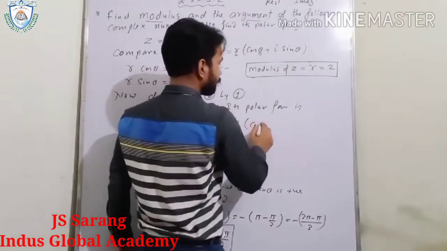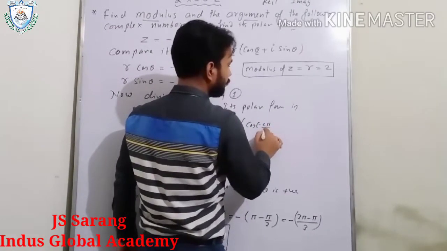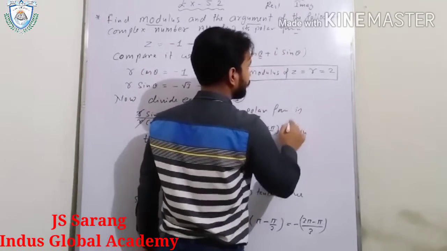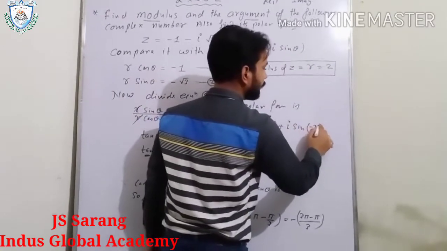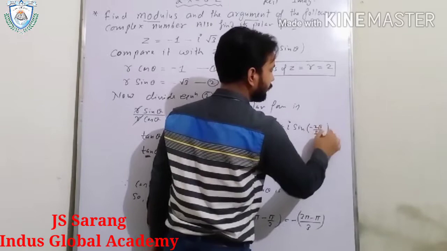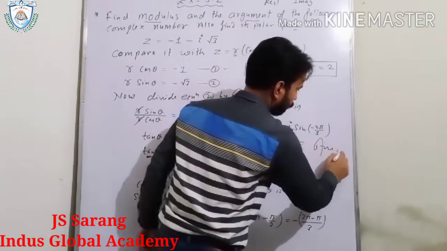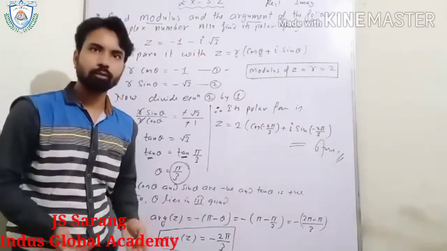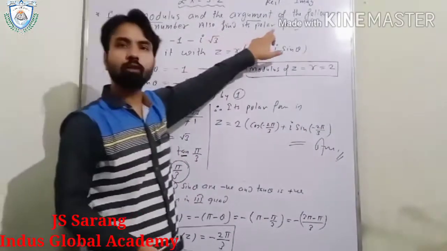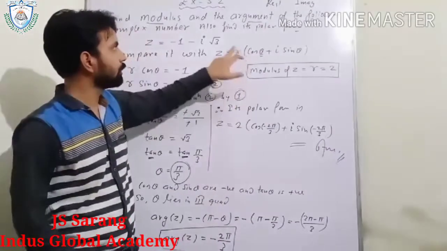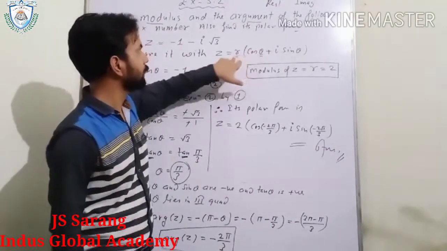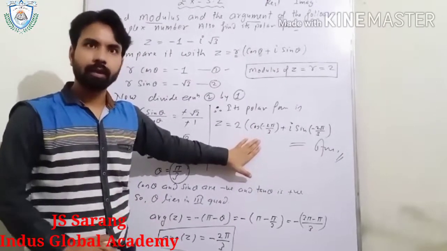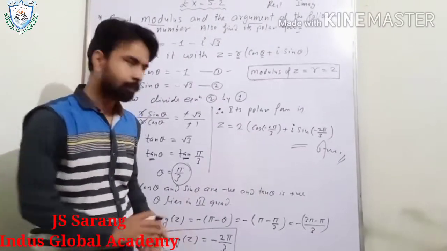So cos minus 2 pi by 3 plus i sin theta, and theta is again the argument, minus 2 pi by 3. So this is the polar form of this given complex number. If the question is asking for the polar form, then we have to substitute the values of r and argument in this polar form, and this is our final answer. Understood? Hope it is clear. Good.